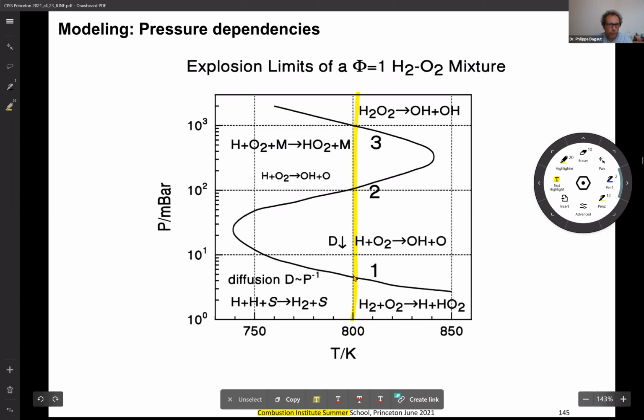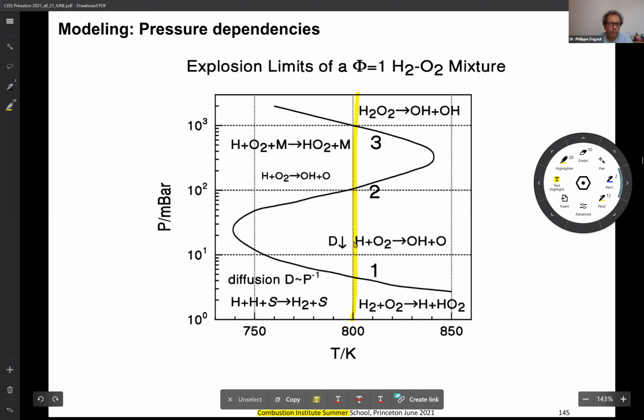But when the pressure gets high enough, diffusion of H atoms becomes slower, and then they can survive longer and react with molecular oxygen through this main branching reaction, producing OH radicals and O atoms. And then the overall consumption of hydrogen gets very fast.